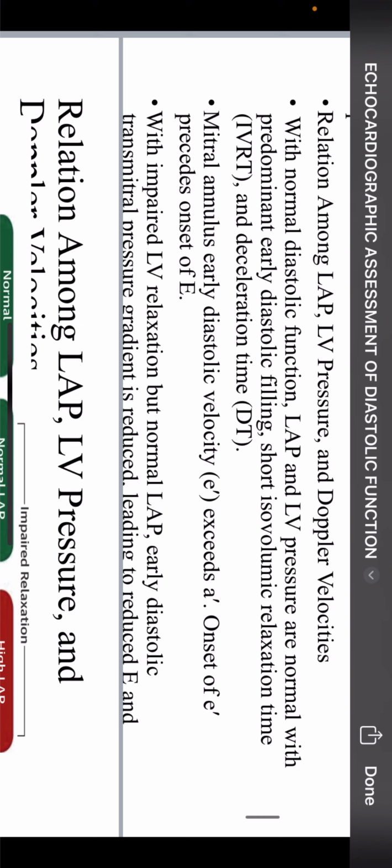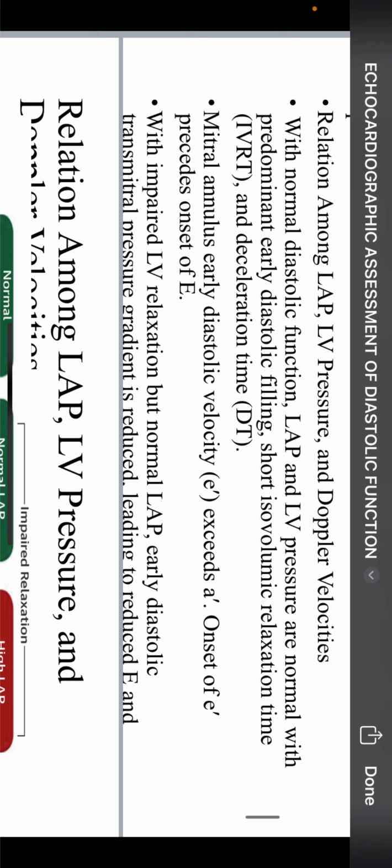So below, I told you E and A. Capital E, and then below it is small e prime. And then below capital A, there is small a prime.